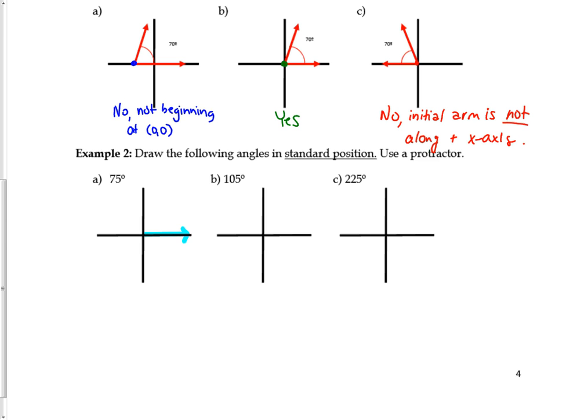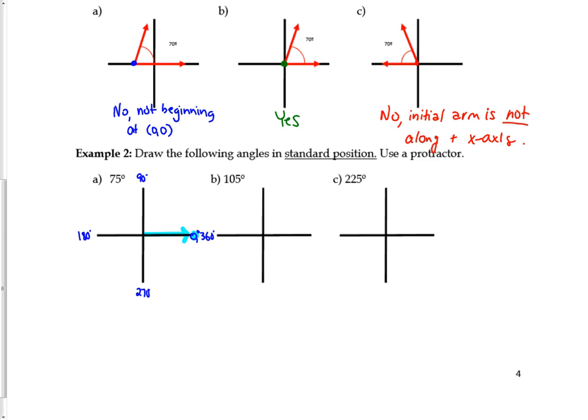Now 75 degrees, when you have a Cartesian plane, this is 0. What would be this first, the top vertical? 90 degrees, right? That would make a 90. Each one, we move 90 degrees more. So next would be 180, 270, and then if we went all the way around, the 0 could also be 360.